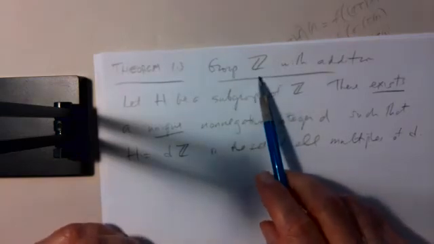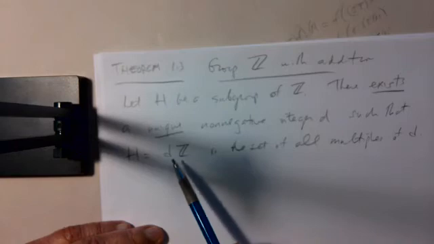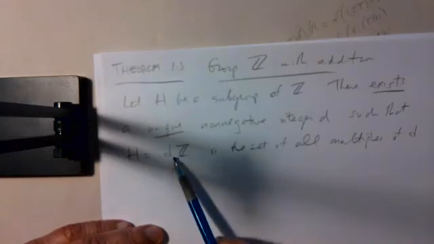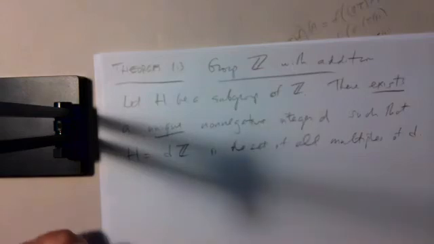So it's a general question one can ask, given a group, what are the subgroups of the group? What are the subsets of the group that are also groups? And here's an answer to that question in the case of the integers. We saw that if you take any integer D, the set of multiples of D is a subgroup. And the theorem says that, in fact, those are the only subgroups.